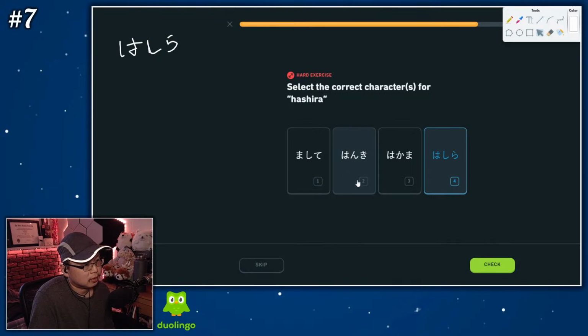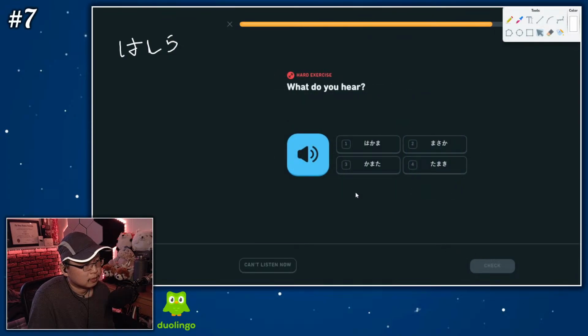Ki. Hanki. Hakama. Hakama. Oh, Hakama. It's on the first one. Hakama. Let's see. Oh, let's write that out actually. Let's take time to write that out.